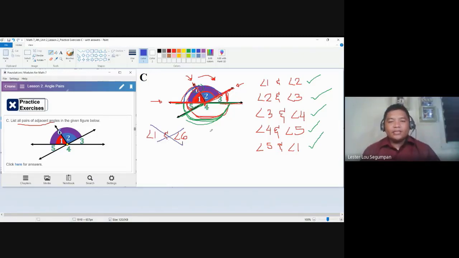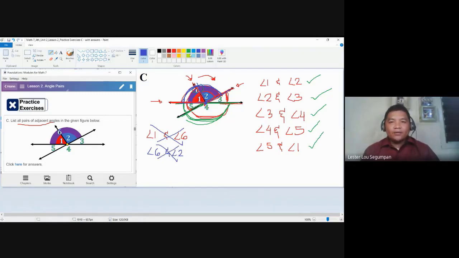Definitely, it's not possible. This is also true for angle 6 and angle 2. They share the same vertex. They share the same side, but similar to angle 1, angle 2 is also part of angle 6. So this is also not possible.